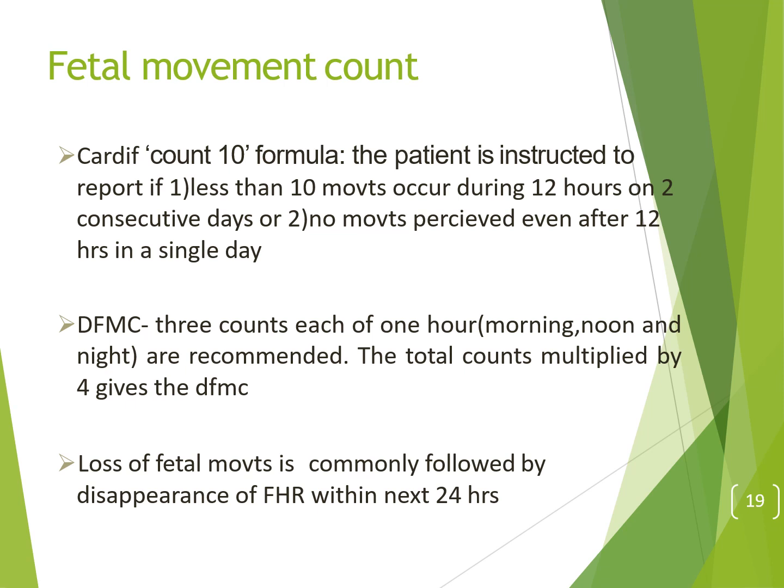So that is one method. And if the fetal movements are less, this suggests the abnormality. And if fetal movements are not there, usually it will be followed by the absence of fetal heart rate, and sometimes it may end with the death of the baby within 24 hours.